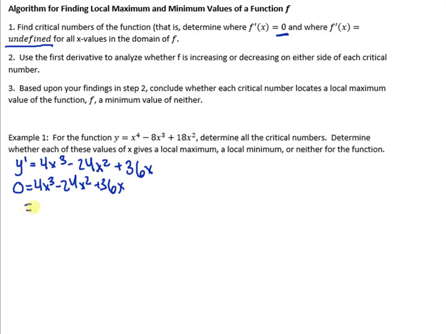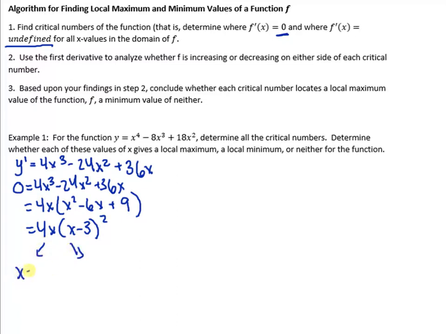I'm going to factor out a 4x, and we're left with x squared minus 6x plus 9. Sorry, that's plus 9, mistake. Okay, and if we were to factor the brackets, we get x minus 3 and then x minus 3, so it's just x minus 3 squared.